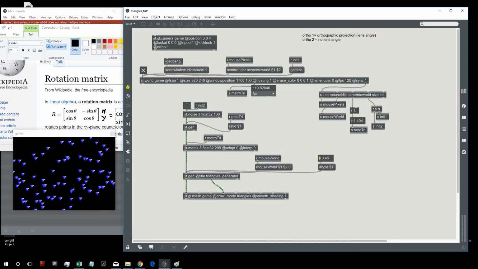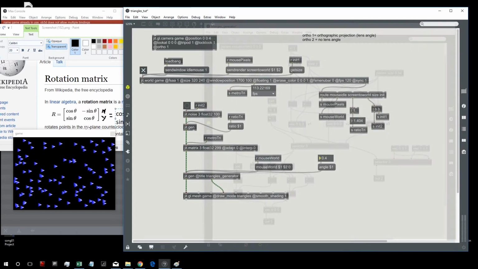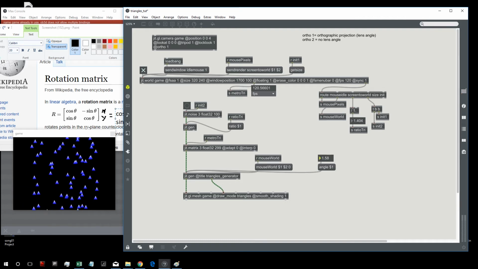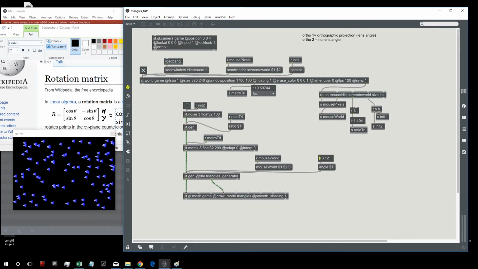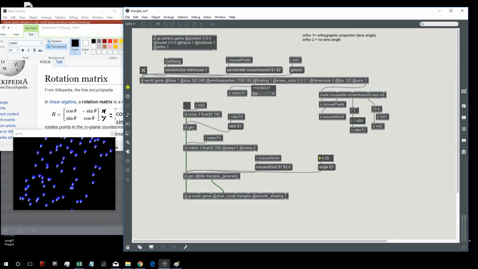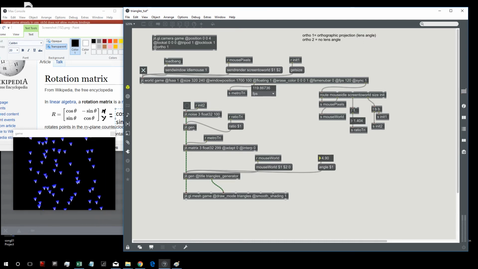Actually, it's in radians, as you can see, so it doesn't make sense to multiply by 180. If we use an angle of pi, we will get a rotation of 180 degrees. If we rotate 2 pi, we will get 360 degrees rotation.